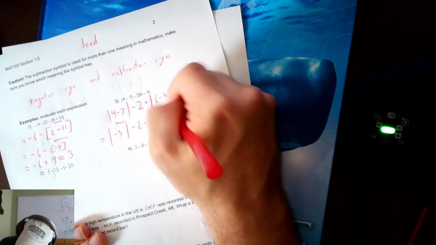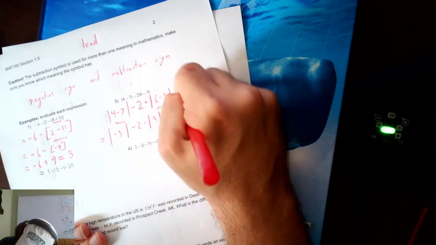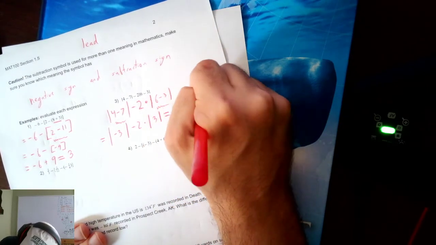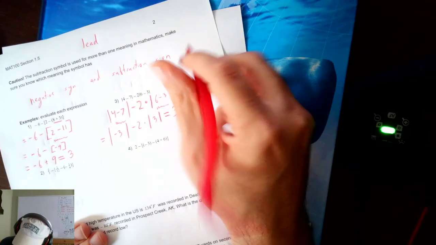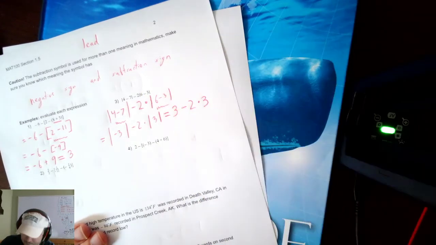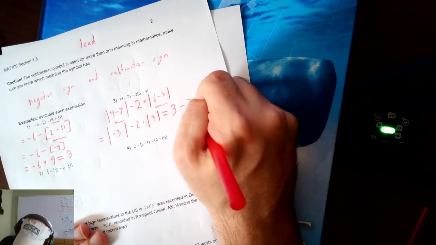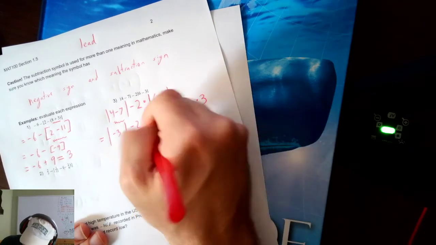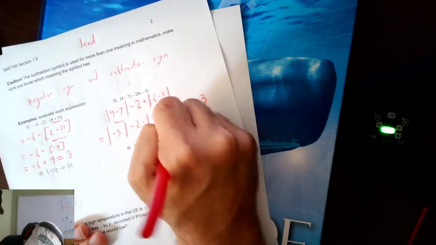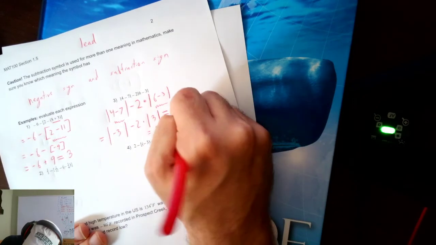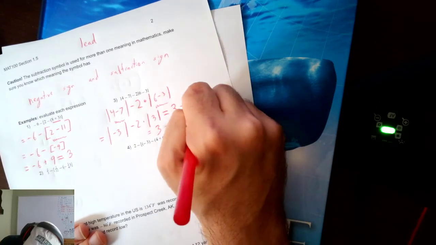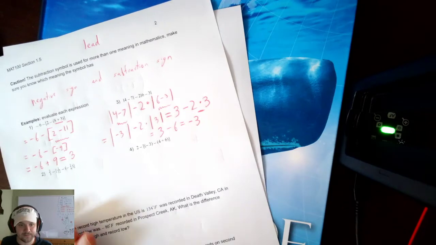Absolute value of negative 3 is positive 3 minus 2 times absolute value of 3 is 3. I multiply before subtracting. Multiply next. 3 minus 2 times 3 is 6, and 3 minus 6 is negative 3.